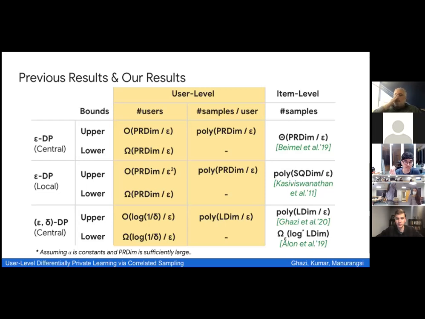But a more precise definition is the log of the number of functions in your class that are uncorrelated, in the sense that the dot product is close to zero. Can you repeat that again? Sorry, is it the number of the statistical queries? Yes, it is the number of the statistical queries. Thanks.